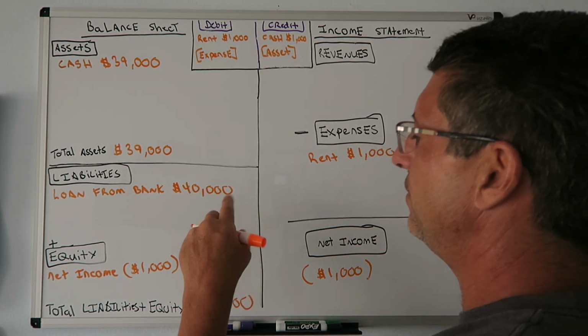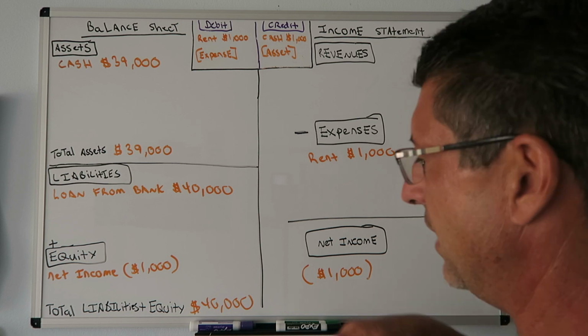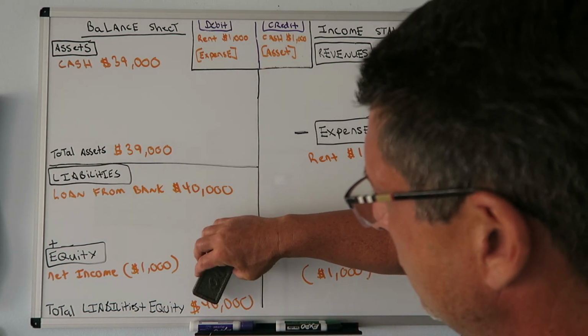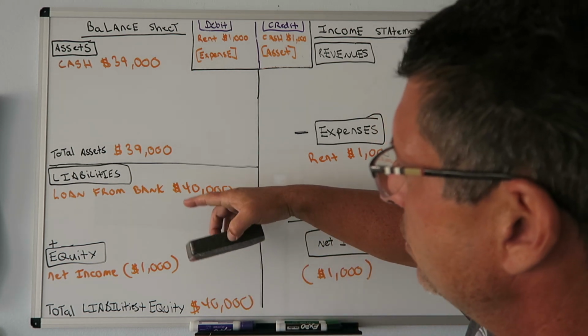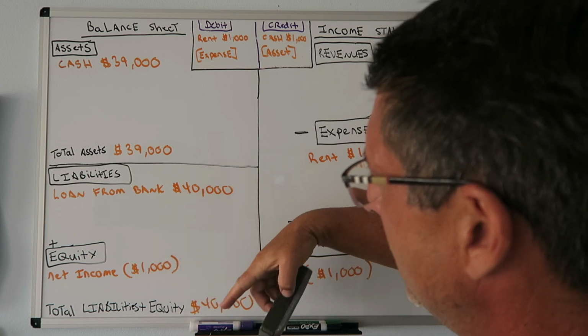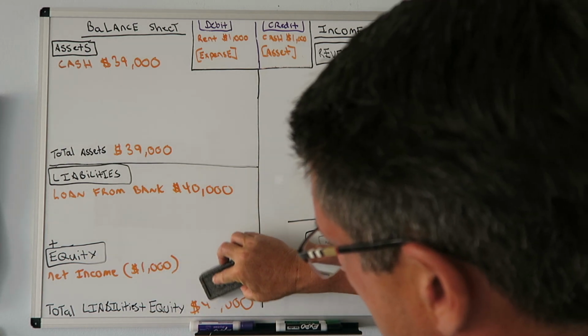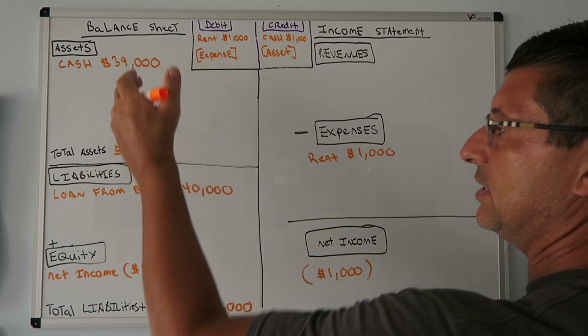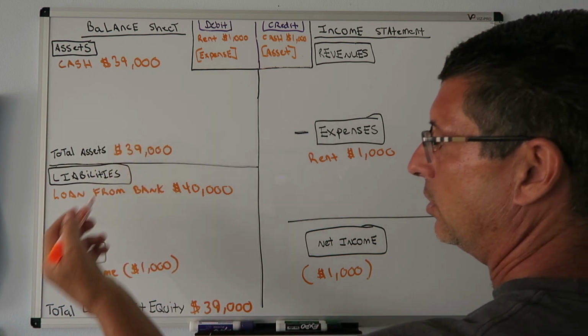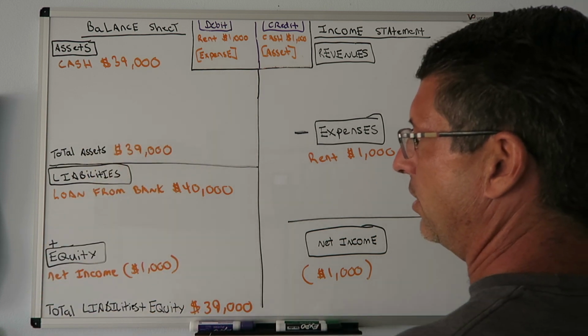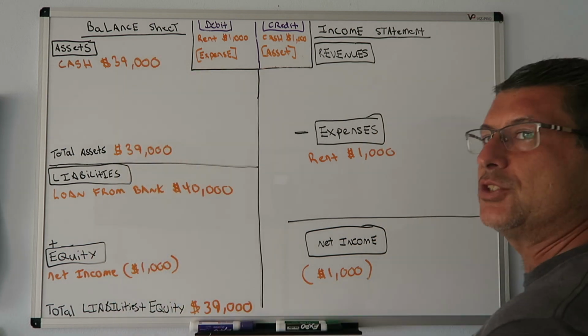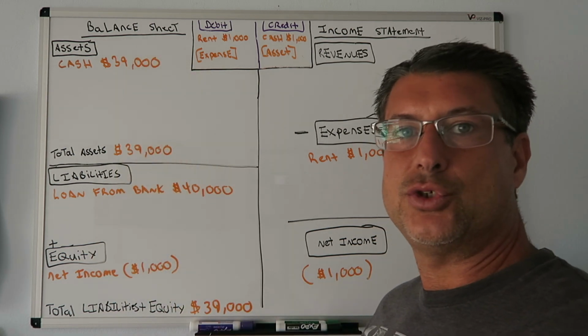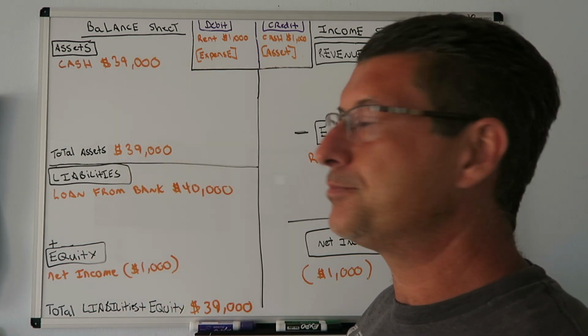So we have $40,000 minus $1,000. So we have total liabilities and equity of $39,000. So does that match? Assets equal liabilities and equity, $39,000.